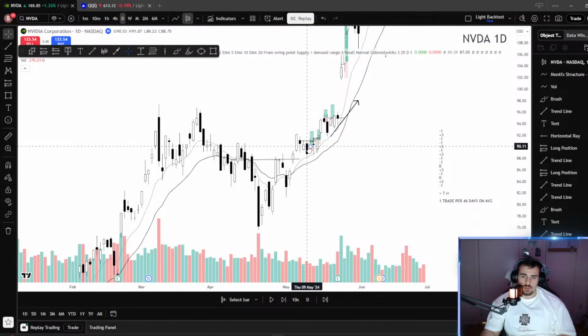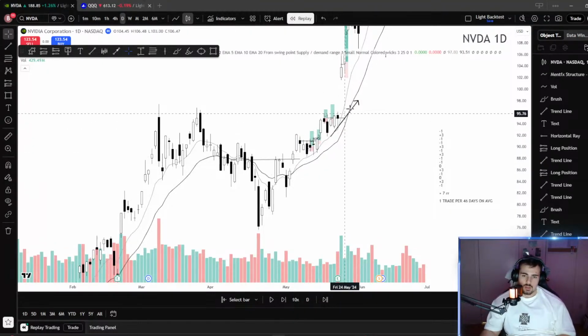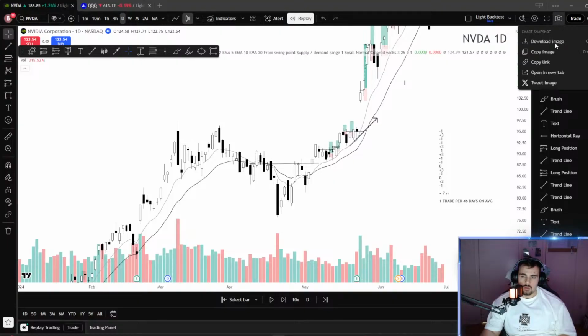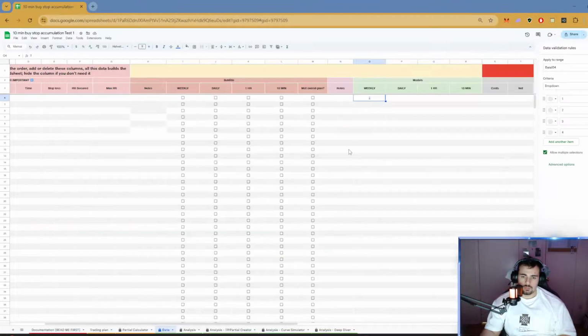So it looks like we have two trades on the first daily high after the accumulation, and then two more trades on the second one. So what I'll do here, these ones would be one. These ones would be two.